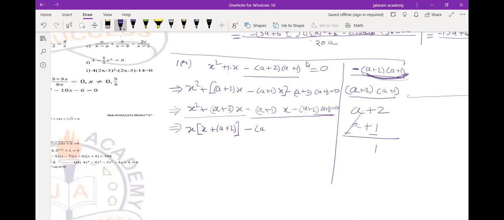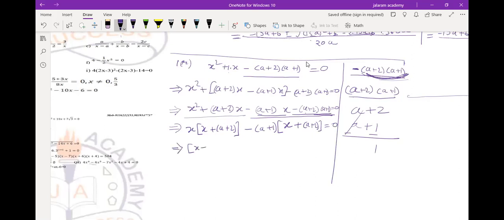Minus is common, (a+1) is common. So what will be the term inside the bracket from the first term? When we divide it by minus of (a+1), only x will be there. From the second term, minus of (a+2)(a+1), when we divide it by minus of (a+1), it is plus (a+2) equals 0. Is that clear to you?